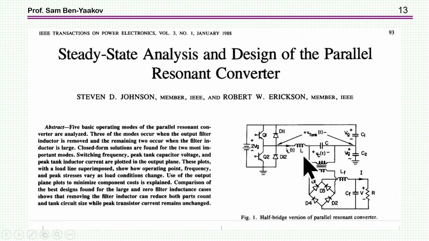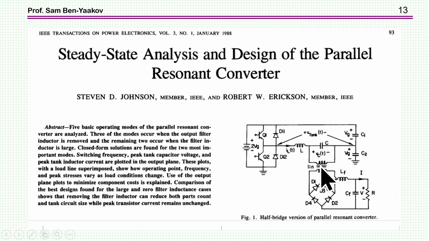What you see here is a series connection of L and C, and the load is in parallel. This is what is called a parallel resonant converter. It should have been parallel loaded resonant converter, but as I've said, this is already accepted, so we call this a parallel resonant converter.